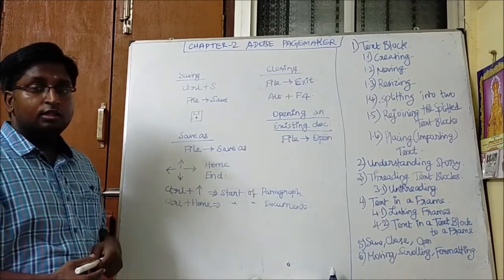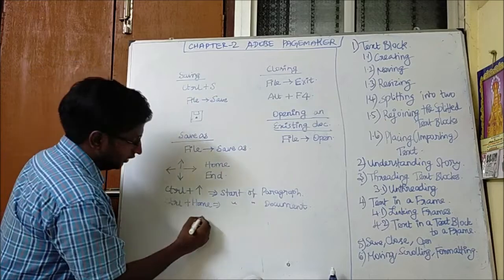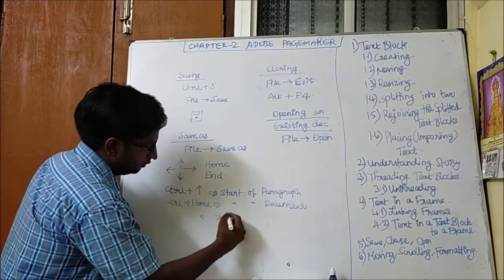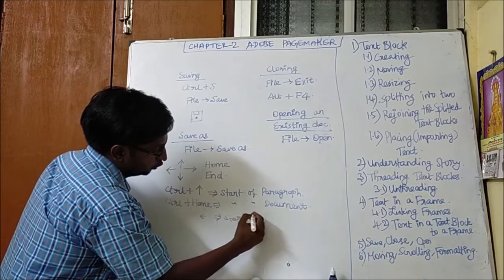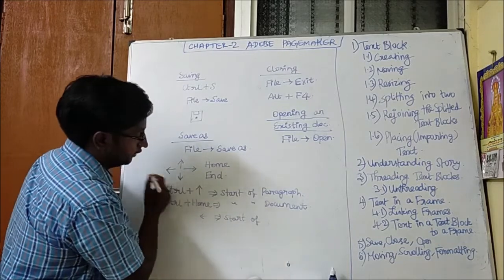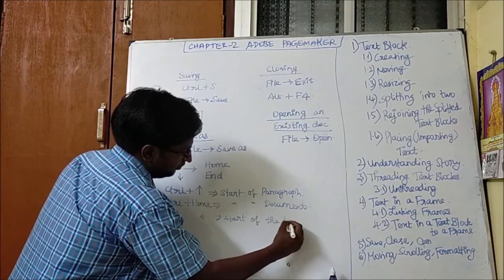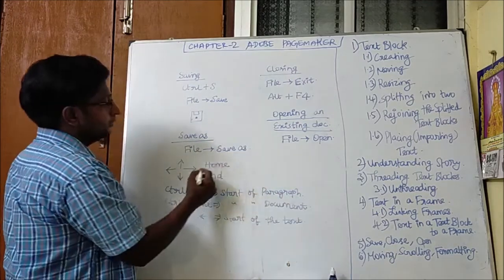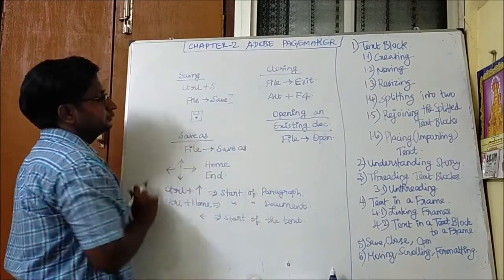Similarly, we can use the left and right arrow. When you press Control plus left arrow, it will move backward to the start of the word. Say for example, my cursor is available here.